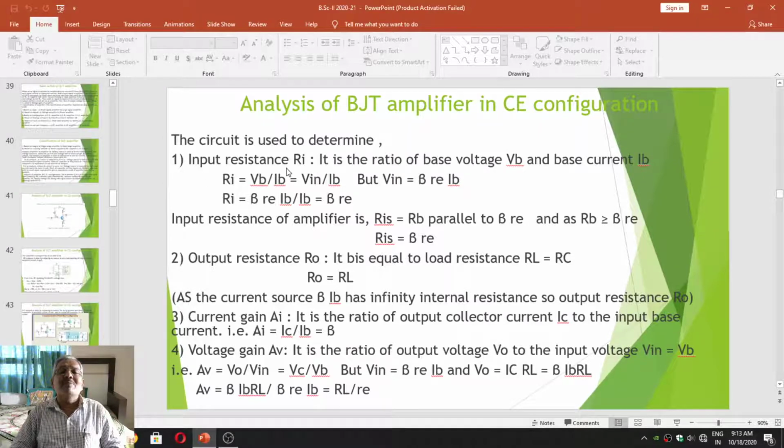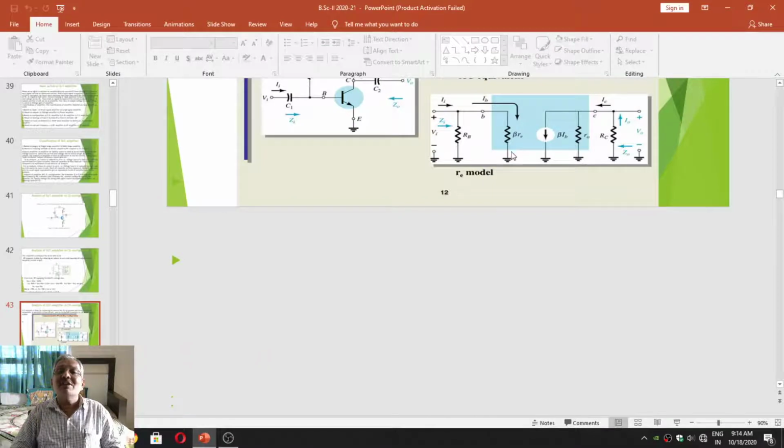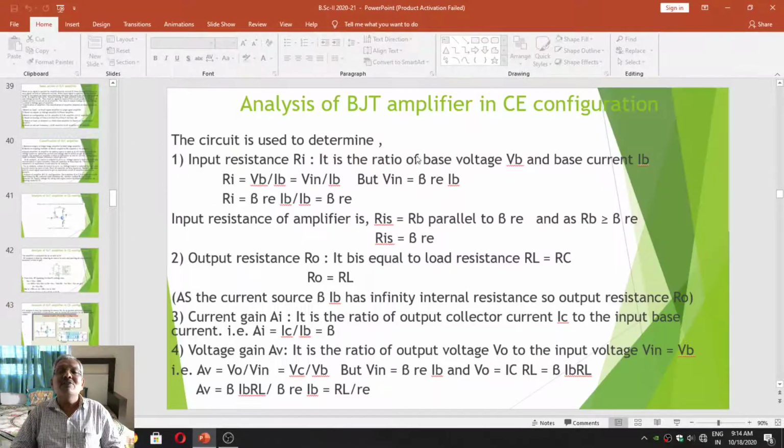But in the figure, VB is VIN or VI, so Ri is equal to VIN upon IB. From this particular figure we can write the input voltage Vin equal to beta into RE into IB. Putting that value in the equation, Ri is equal to beta into RE into IB upon IB, IB gets cancelled and Ri becomes equal to beta into RE.